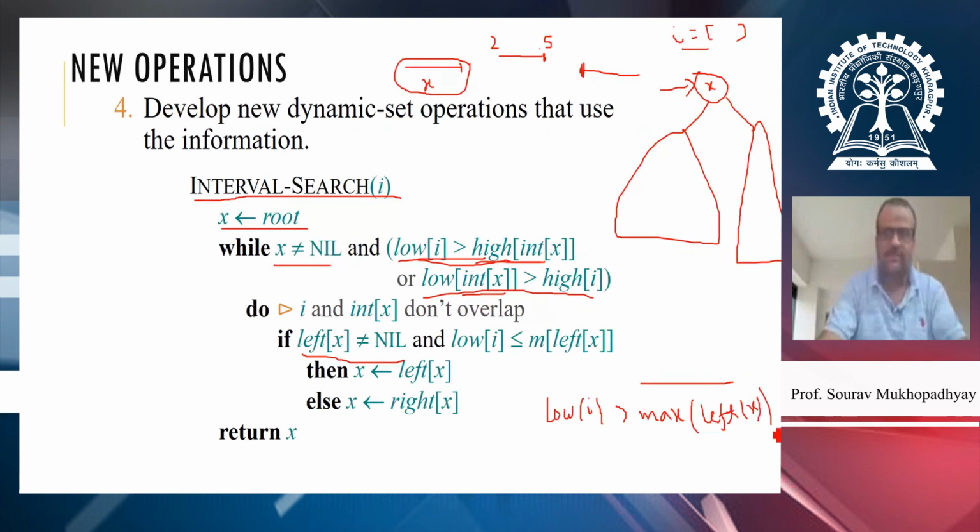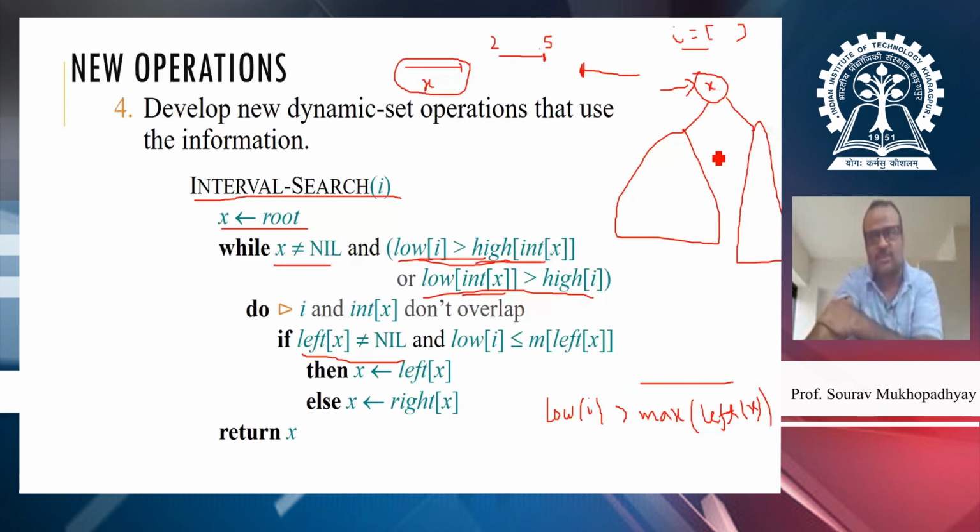Will you go for the left part? So here this is the max field. This is max of left. Now we are searching an interval whose low end point is greater than the max. So will you go for the left part?